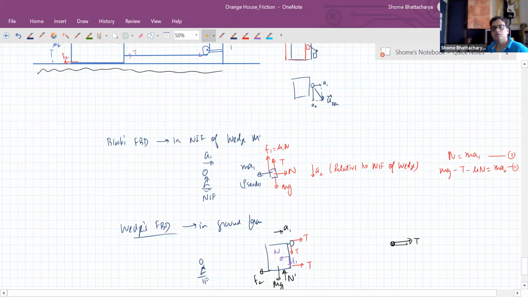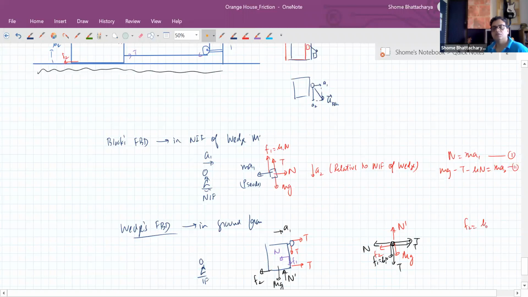So I'll just show all the forces in a particle type FBD. So T, T, T, three tensions acting like this, normal reaction, friction, okay, then its own weight, normal reaction the ground is applying, and then another friction like this, F2.